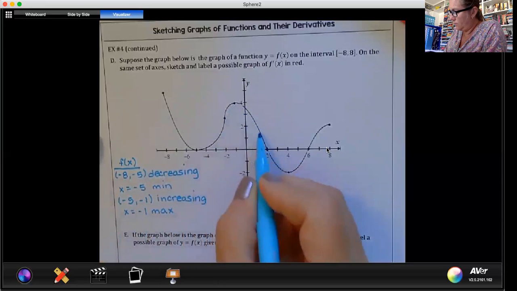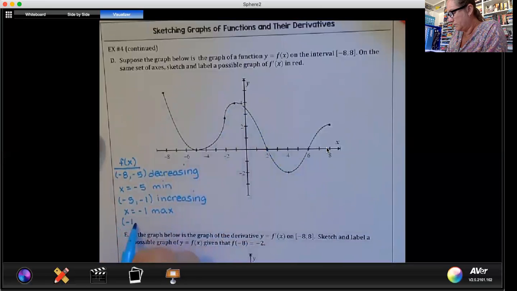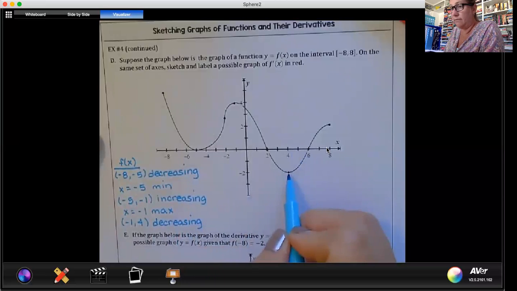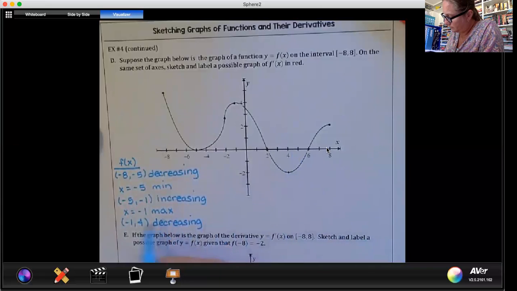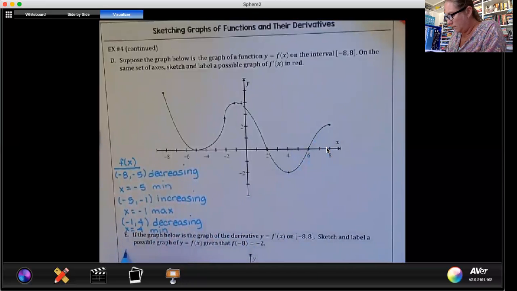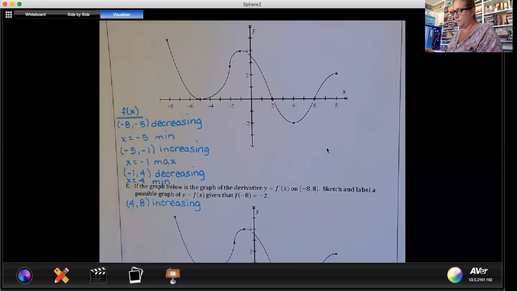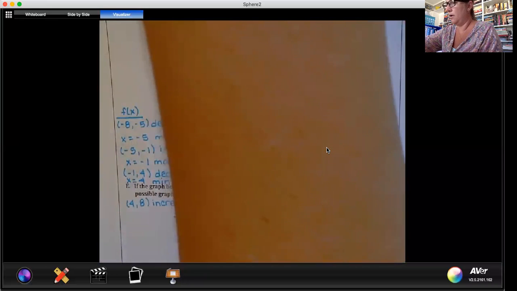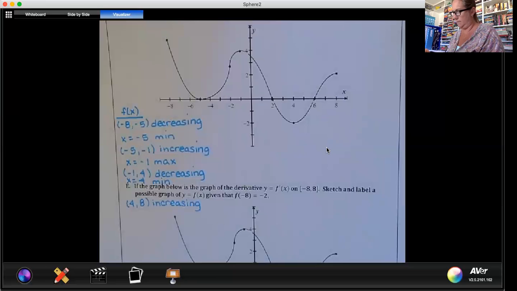Then from -1 to 4, we are decreasing. And at 4, we have a minimum. And then from 4 to 8, we are increasing. And that will be at the end of our graph. So what we need to do now is see, if this is f of x, what does the graph of f prime look like based on that information?